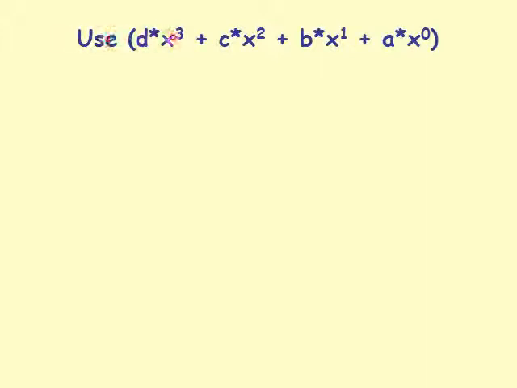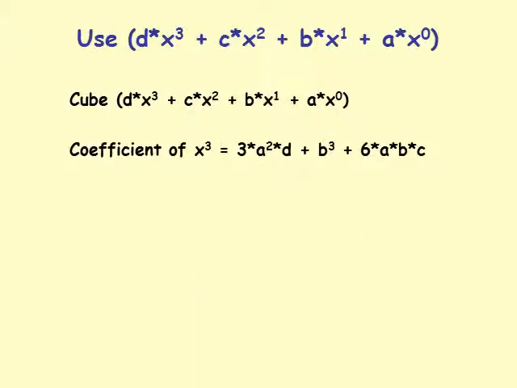Continue, and we will use the cube of a polynomial, which is dx cubed plus cx squared plus bx plus a. Let's continue here. The cube of that polynomial, dx cubed plus cx squared plus bx plus a: the coefficient of x cubed will come from this term cubed, and from multiplying two of these terms with this one.